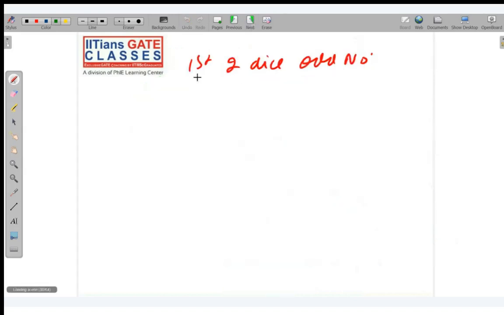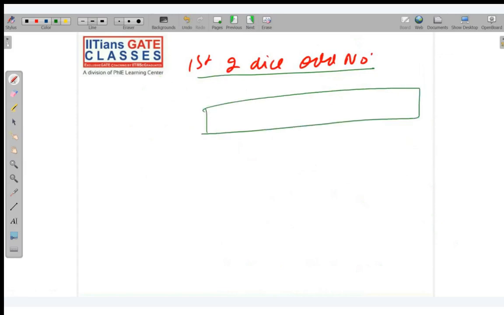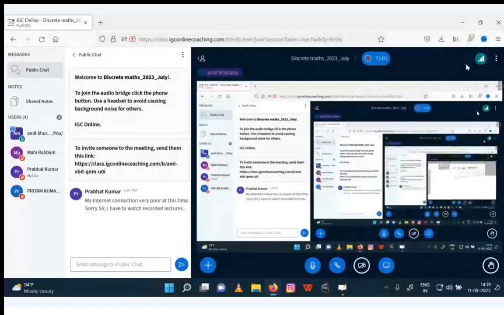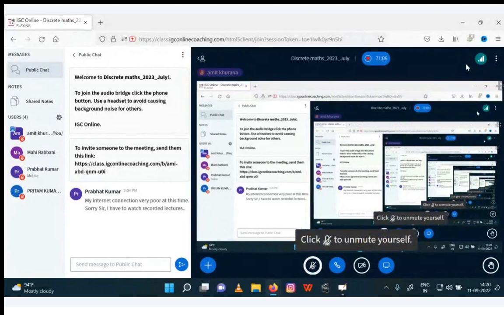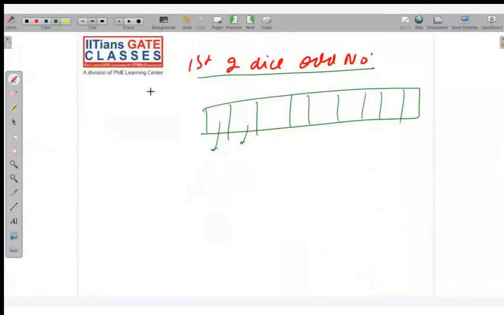Next is first two dice show an odd number. Total 10 dice we have thrown. First two dice show the odd number.